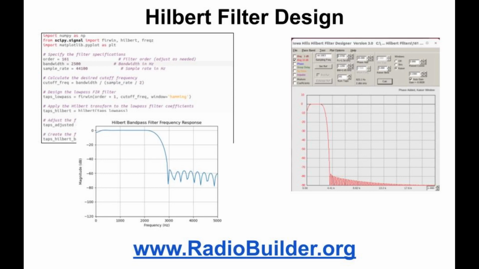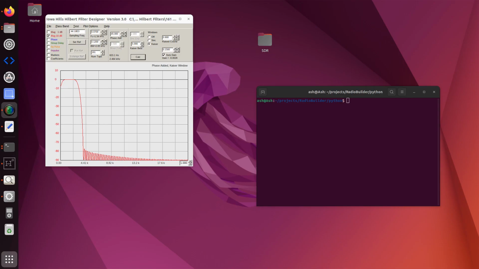Hi, I just want to go through some things I've been doing with the Hilbert Filter Design. What we'll be going through is two different methods. One is using the Hills Hilbert Filter Designer, which I'll show you where to get, and you can graphically design your filter the way you want.